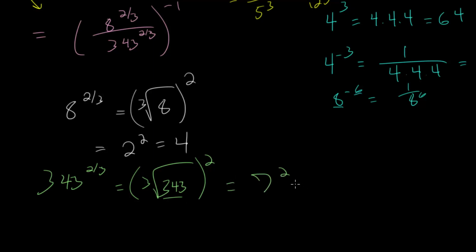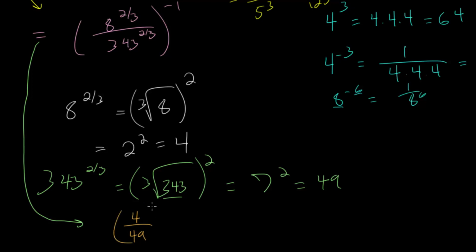So this is 7 squared, and 7 times 7 we know is 49. So now we can continue evaluating this expression. And we have in the numerator that 8 to the 2/3 is just 4. The denominator, 343 to the 2/3, is 49. And all of this is raised to the -1 power.